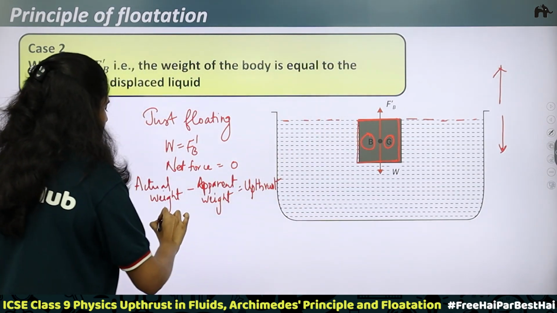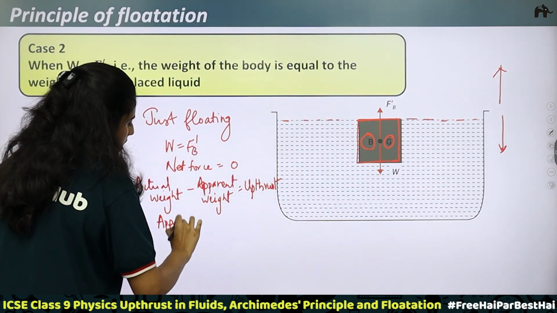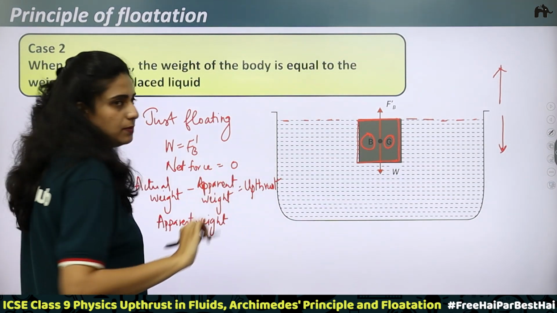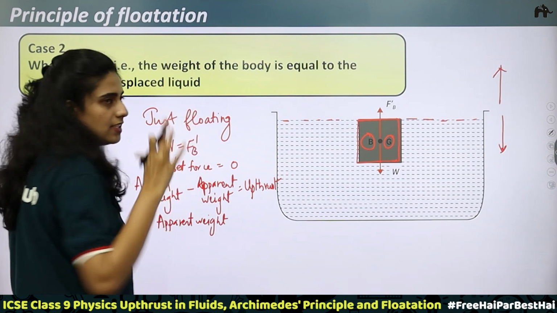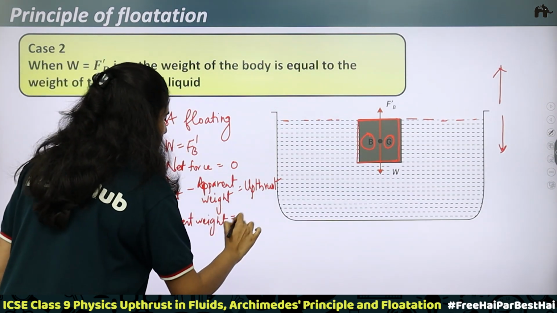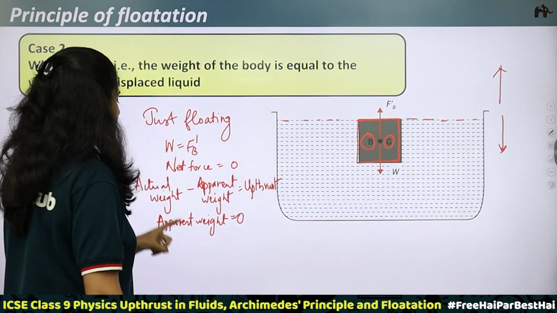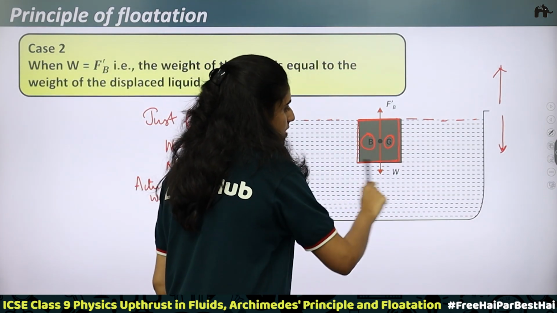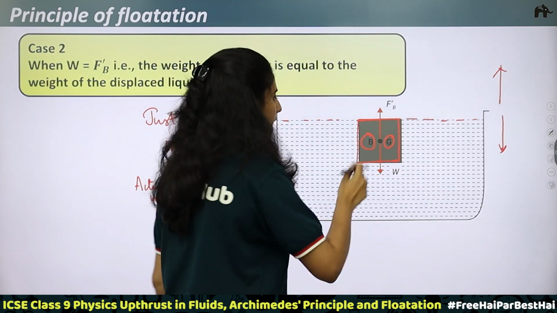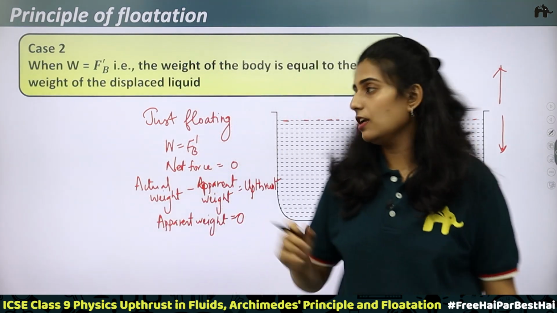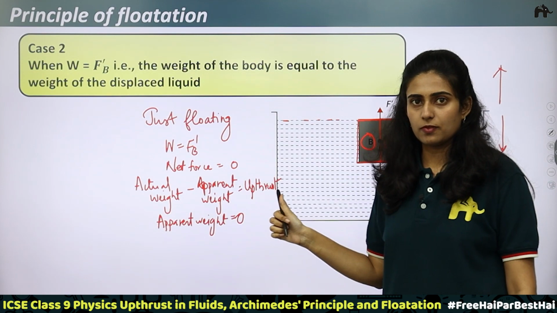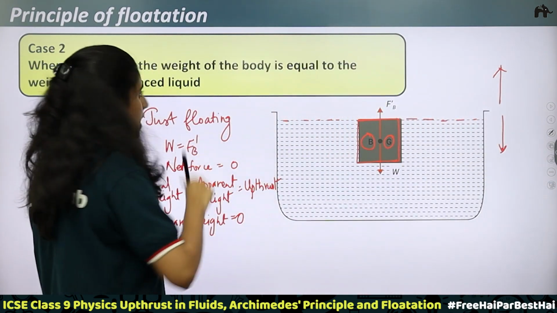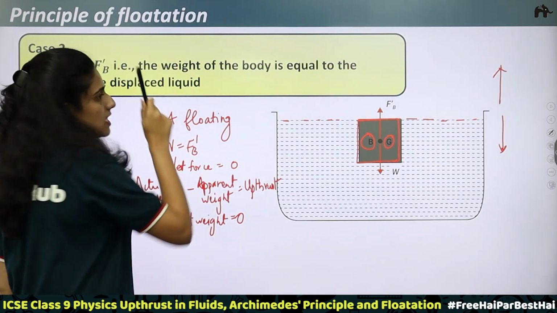Apparent weight will be equal to actual weight minus upthrust. Actual weight and upthrust are the same magnitude, therefore this will be equal to 0. That is, the apparent weight will be equal to 0. So, a body which is just floating in a liquid will have its apparent weight, when measured, equal to 0. Understood? So, this is the second case, when weight is equal to maximum upthrust.